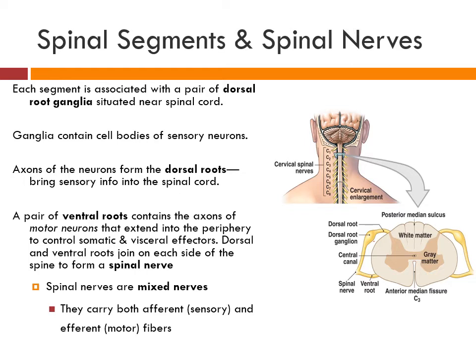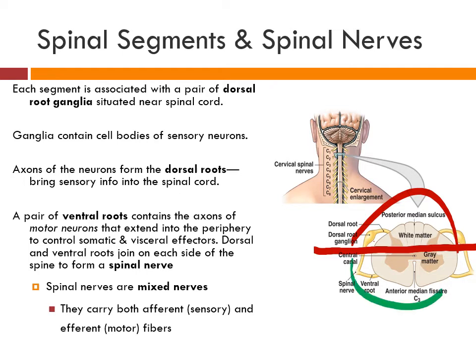So if we were to take the spinal cord and cut it in half at the midline, the posterior portion is all sensory and the anterior portion is motor.